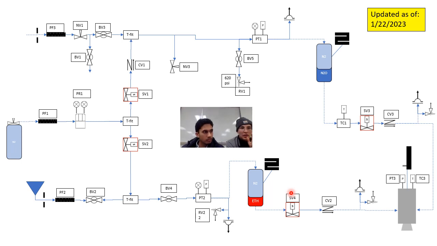Where's BV5? Oh yeah, BV5. That one is another point of complication, because we're not sure if we'll be able to properly vent or purge that area if it pretty much just runs into a wall, because the pressure relief valve will not open at 15 psig. Another point where we're still learning.